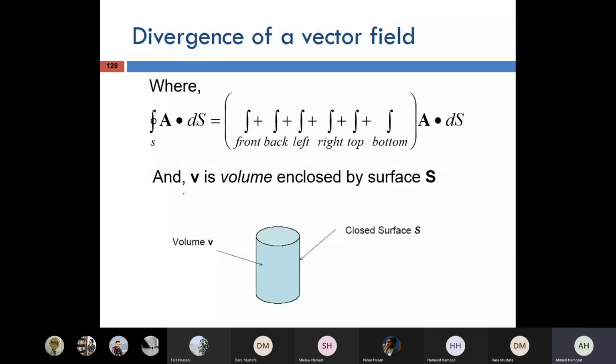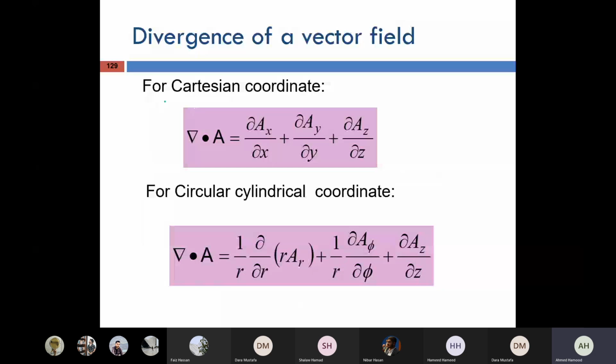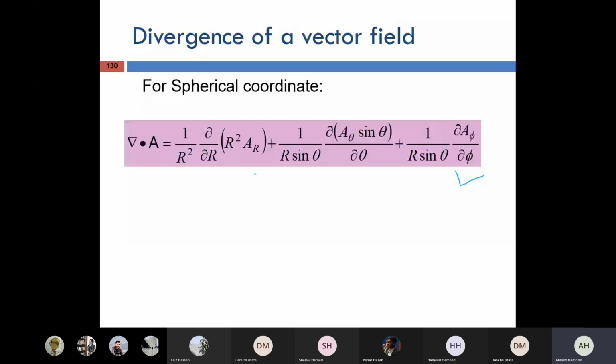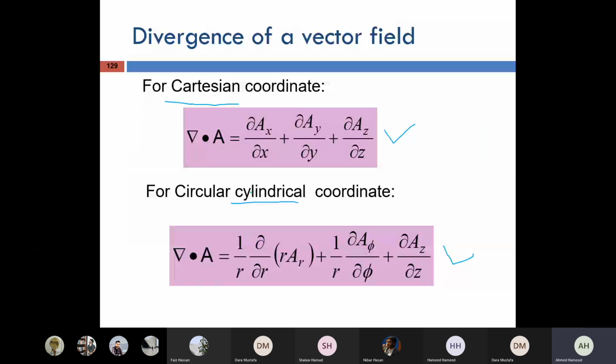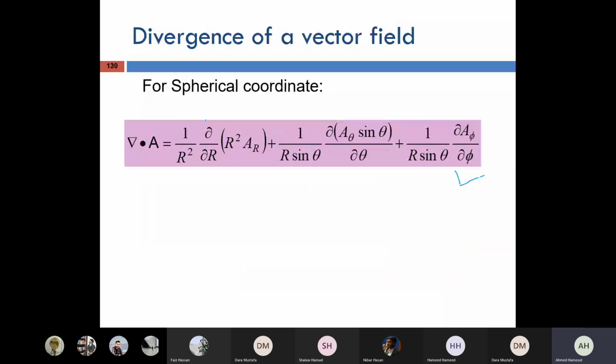Okay, you can see an example for this, and there are also fixed equations for the divergence of a vector field for the three coordinates, which are Cartesian, cylindrical, and spherical. So these are fixed equations.